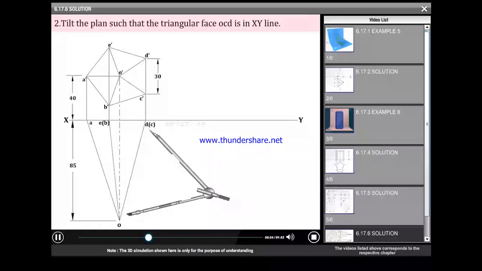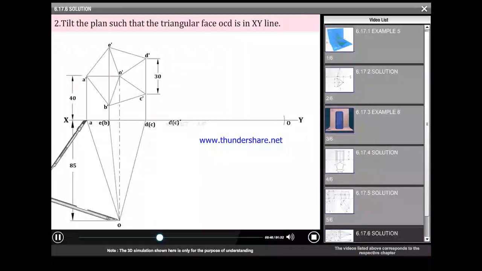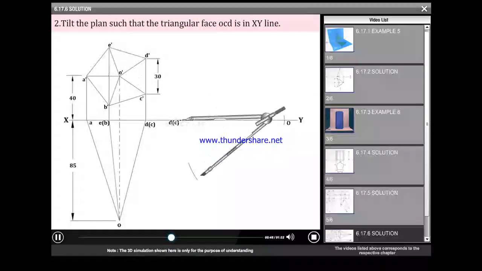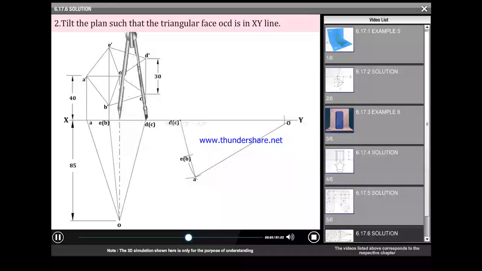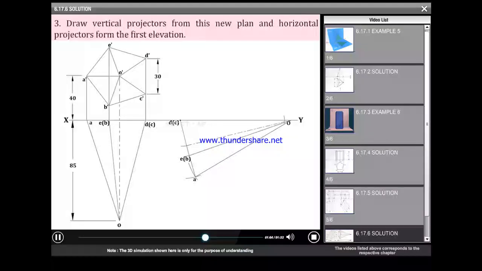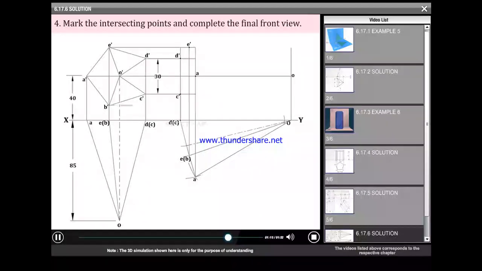Tilt the plan such that one slant edge CO is on the XY line. Draw vertical projectors from this new plan and horizontal projectors from the first elevation. Mark the intersecting points and complete the final front view.